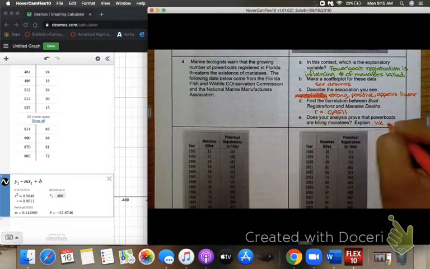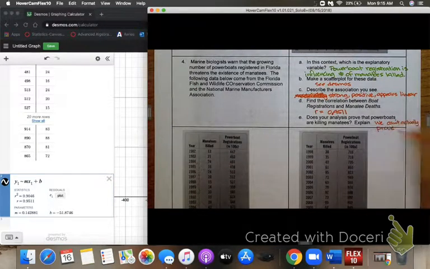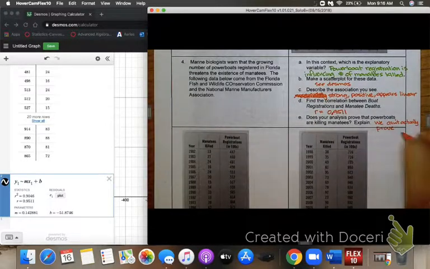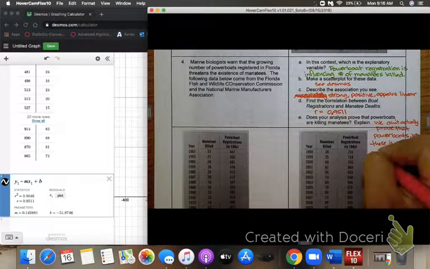So we can say we can't actually prove it. I mean, it could be a coincidence, right? Maybe more manatees are dying because there's a manatee disease going on that's been progressing over the years. We don't actually know that powerboats are killing manatees, but there's a very, very strong association there.